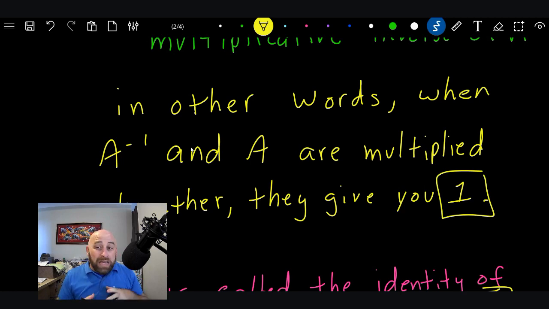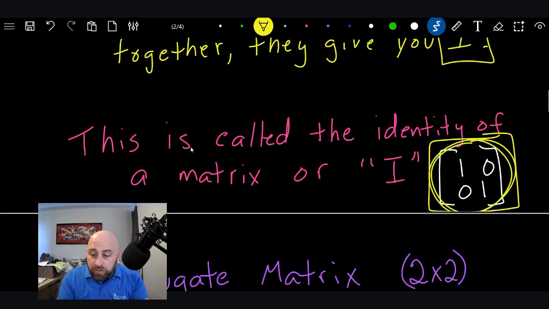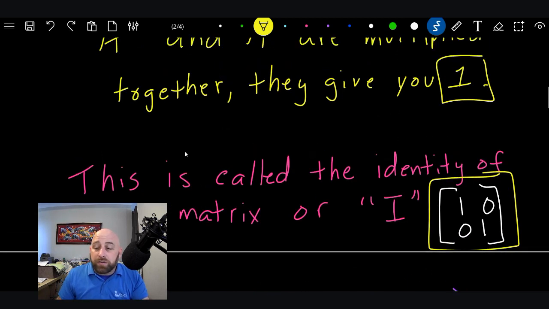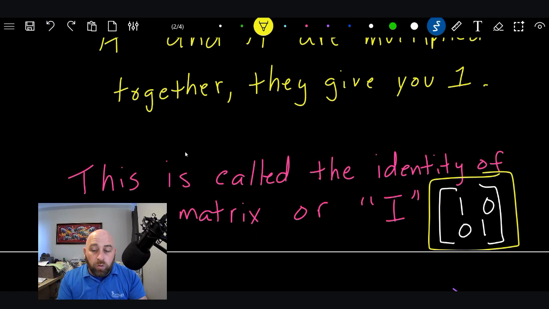The way it gives you 1, like I just showed you, is through the identity matrix, where the determinant is 1. This equals this. These are the same thing. When you multiply this out, it is 1. It looks a little different than just the number 1, but it gives you 1 in matrix form.